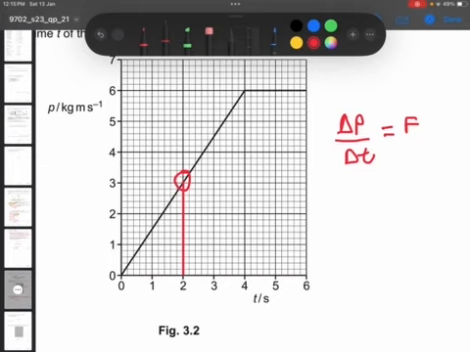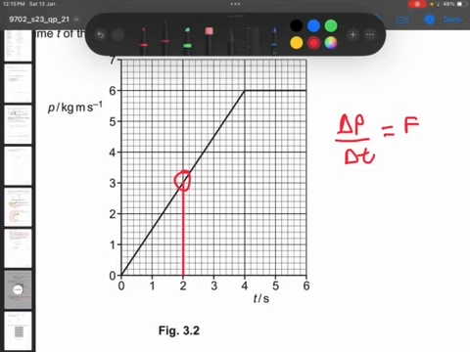So the gradient of this graph of momentum against time actually gives us the resultant force, because this gradient is giving us change of momentum over change of time, which is actually equal to the resultant force. So first things first, this is something that we must understand. Having understood this, it means that if we want to find the resultant force at this particular point, we must find the gradient of this graph at that point.